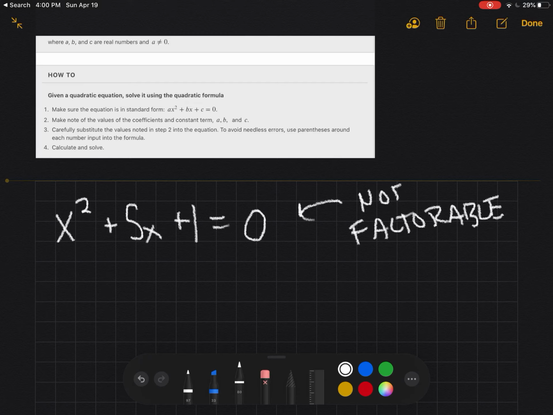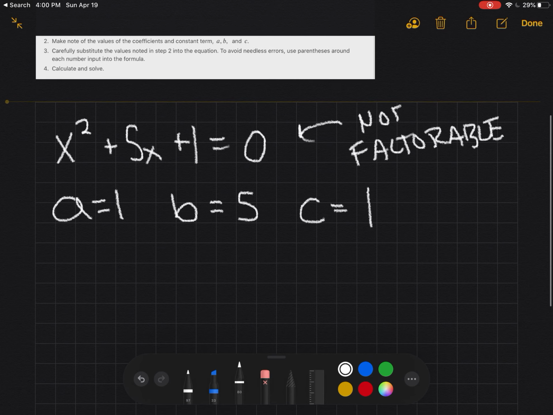We could factor it and use the zero product property, or we could use the square root property. The square root property is not going to work because of this term, and we actually cannot factor this. This is not factorable. But the quadratic formula is here to save us.